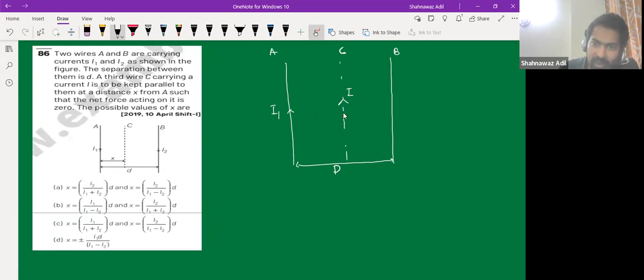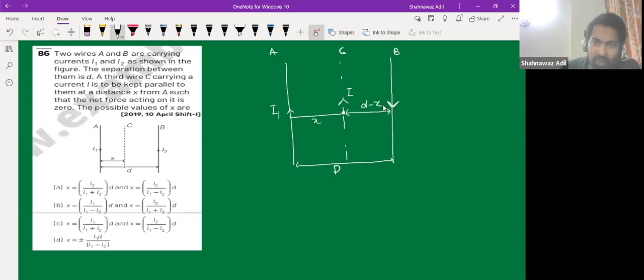So we want to calculate the force acting on this wire, right? So let's say this distance is x. So this distance would be how much, guys? Yes, guys, this distance would be how much? d minus x. So this would be d minus x, right?